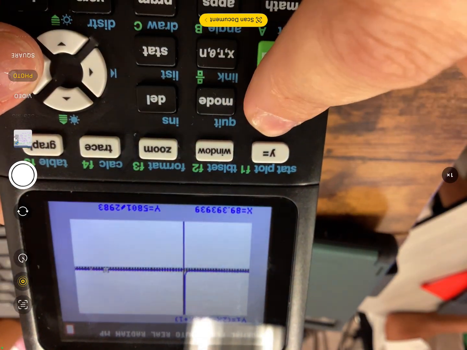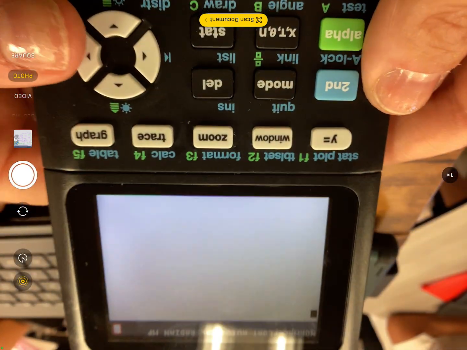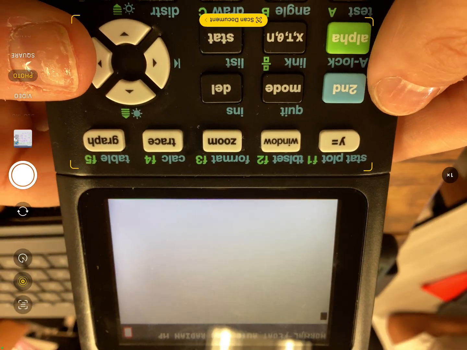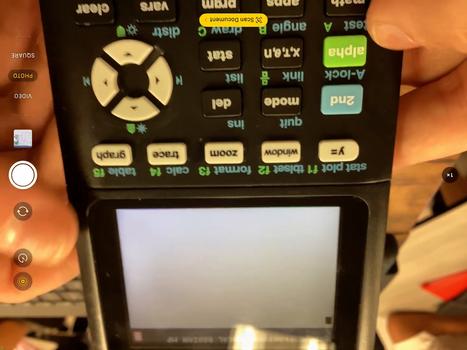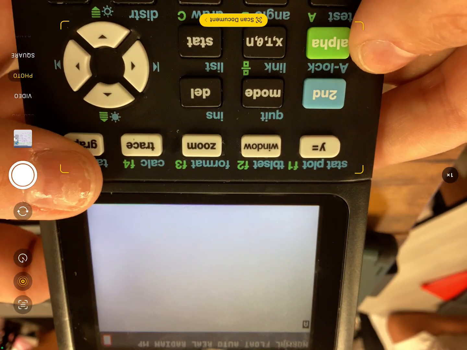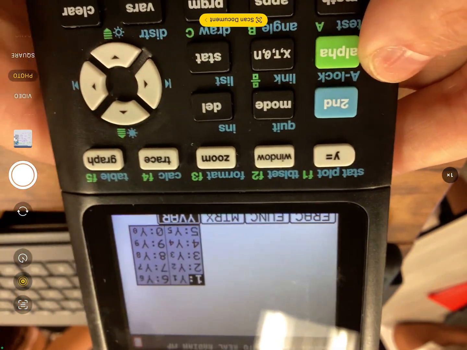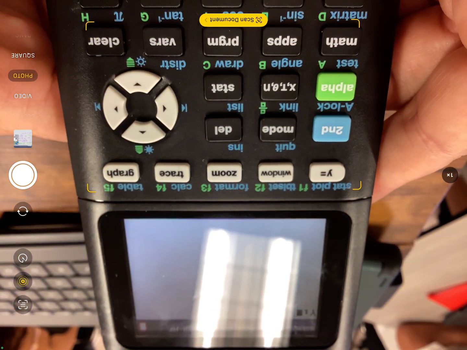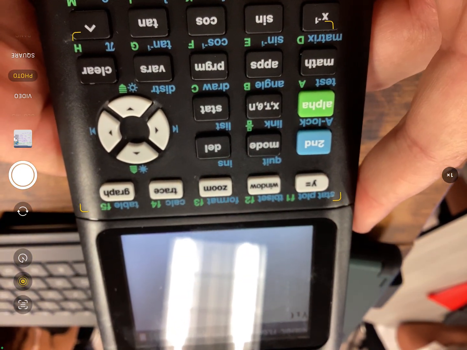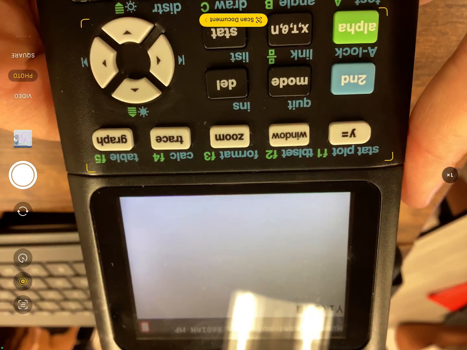If you're not sure, here's a fun fact about your calculator. On the calculators, if you want to plug something in, you can go to second trace value, but you can also do alpha trace. I typed my equation into y1, and then I can open up parentheses and say, I want to find this at 1,000.